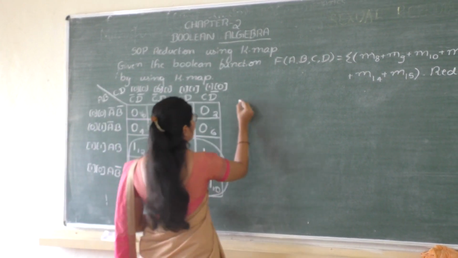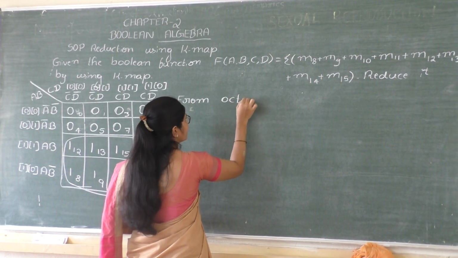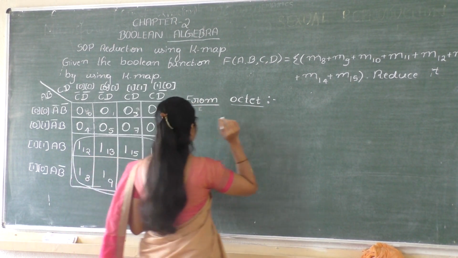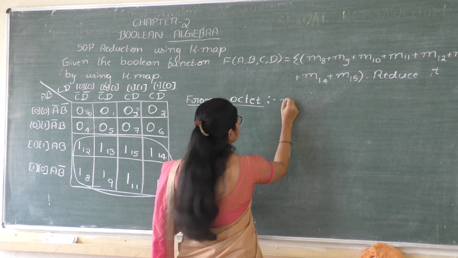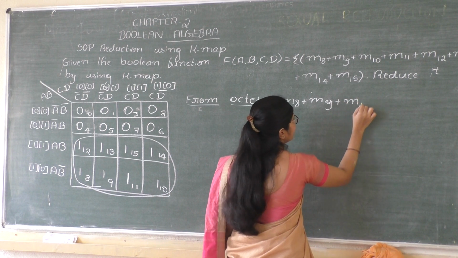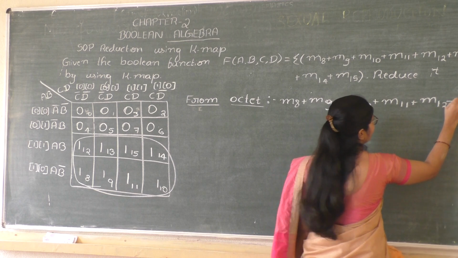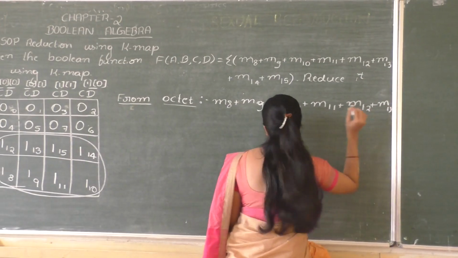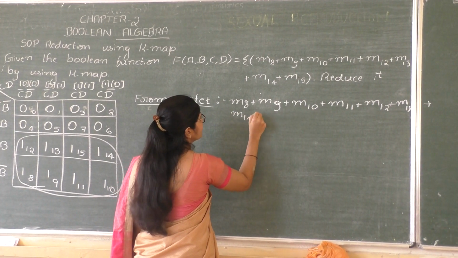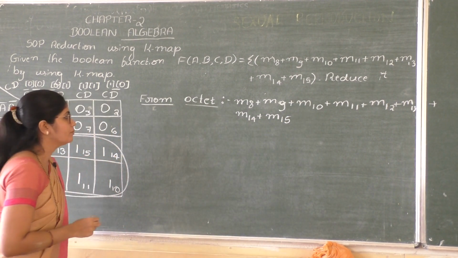Next, from the octet, that is by using the squares m8, m9, m10, m11, m12, m13, m14, m15, now we shall write the corresponding minterms.